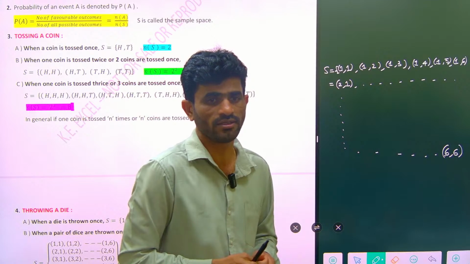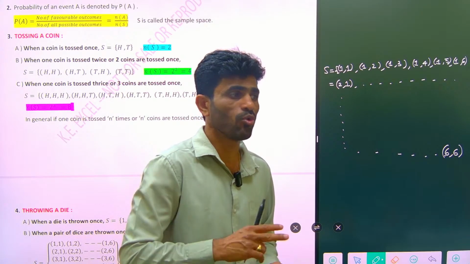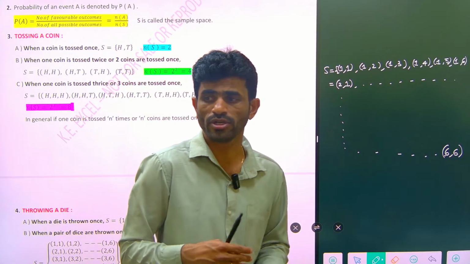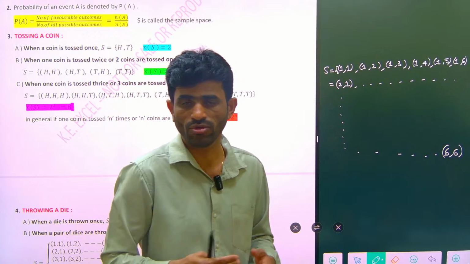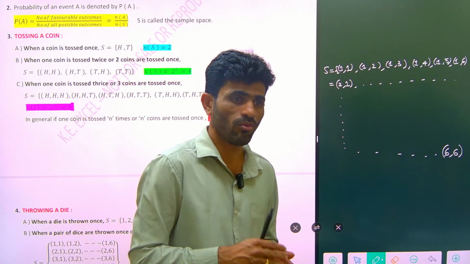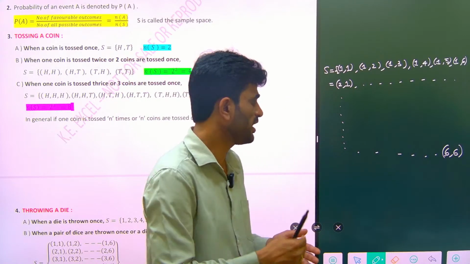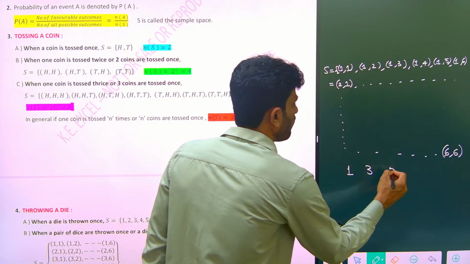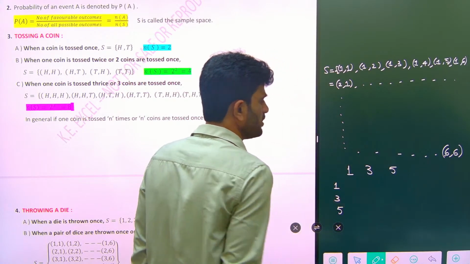That is one kind. The second kind: an outcome on which both are odd numbers. Find the probability of getting both outcomes as odd numbers. Then how should you select? You have to see first what the odd numbers are: 1, 3, 5 on the first dice and 1, 3, 5 on the second dice.